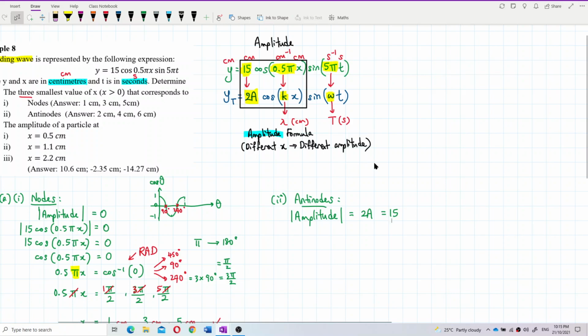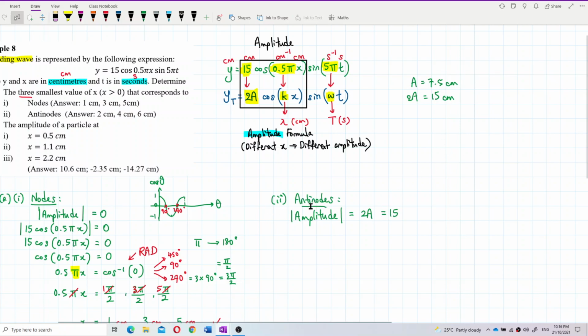The individual a is 7.5 cm, and 2a gives 15 cm. That's the maximum amplitude for the stationary wave. For the progressive wave, it is only 7.5 cm. Times 2, you get 15. That's correct.